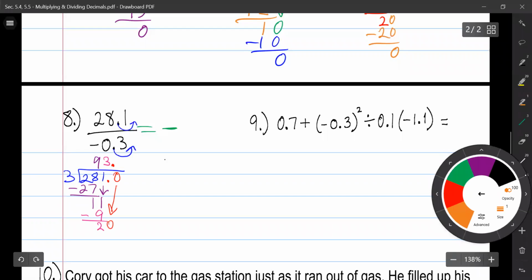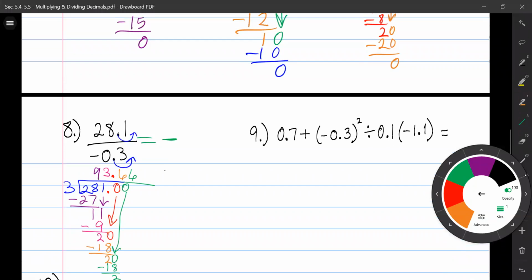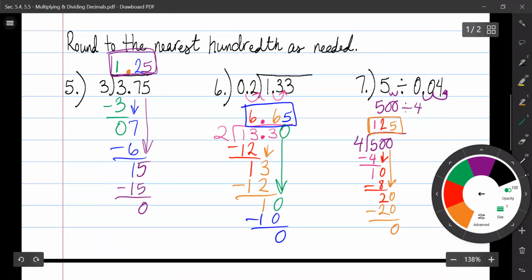And then 3 goes into 20 6 times. So 6 times 3 is 18. 20 minus 18 is 2. And then do another 0 to bring down. So 3 goes into 20 6 times. And 6 times 3 is 18, and 20 minus 18 is 2. So the instructions said round to the nearest hundredth.